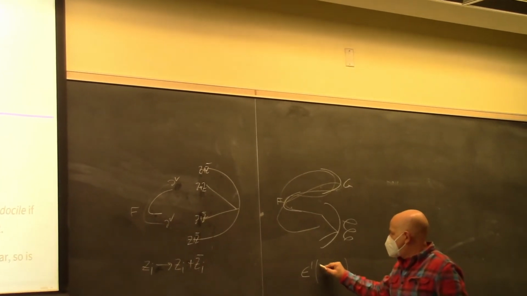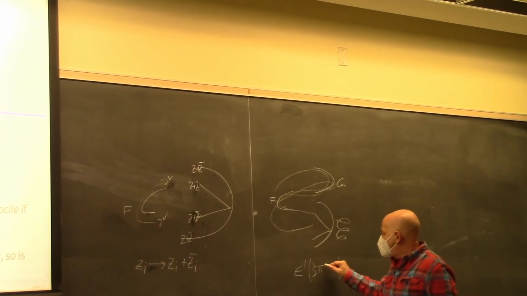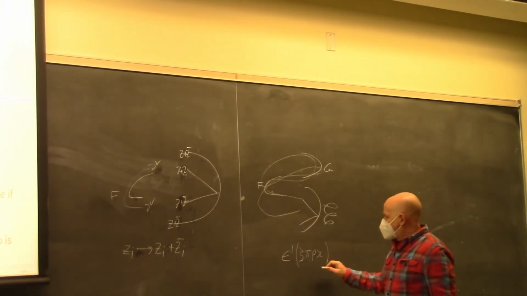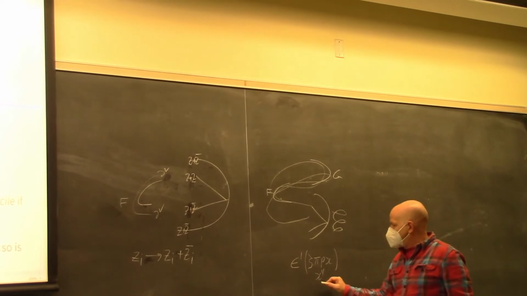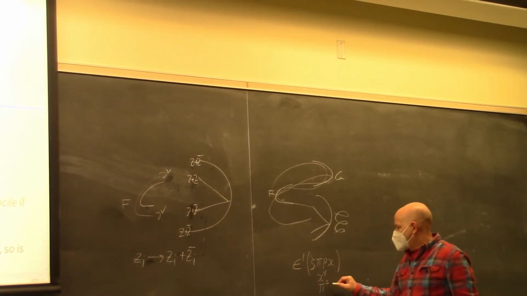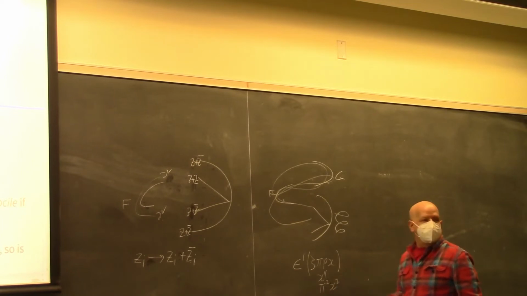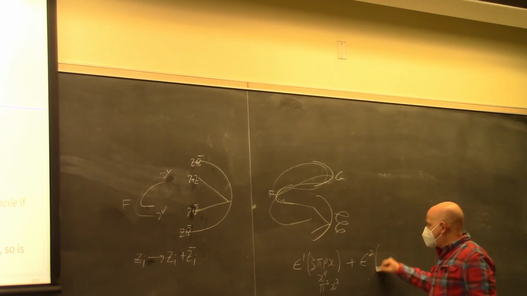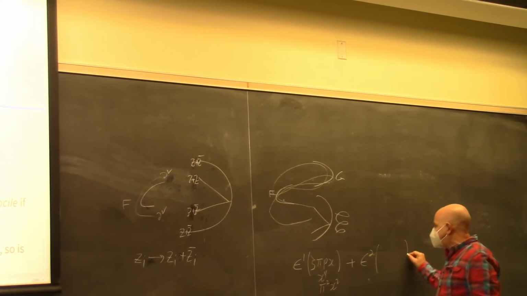So maybe xi pi x, or maybe x to the 4th, or maybe pi squared x squared, I don't know, plus epsilon squared times something which could be of degree 6.